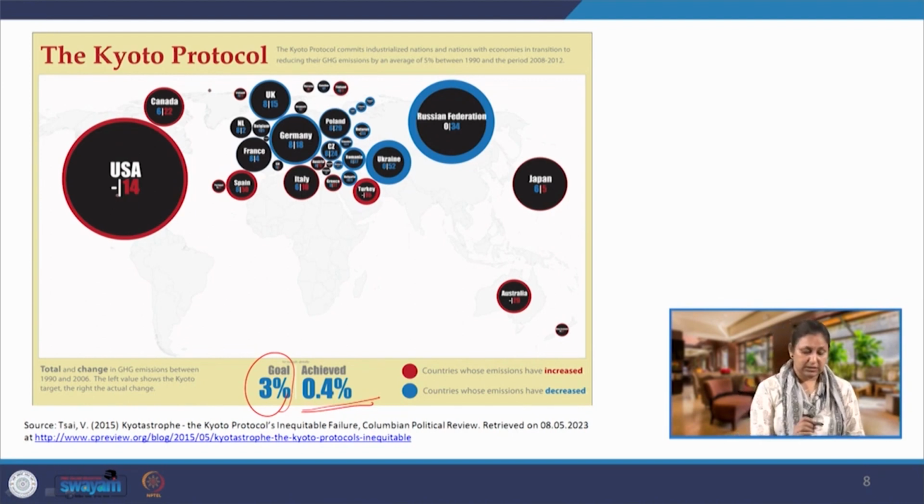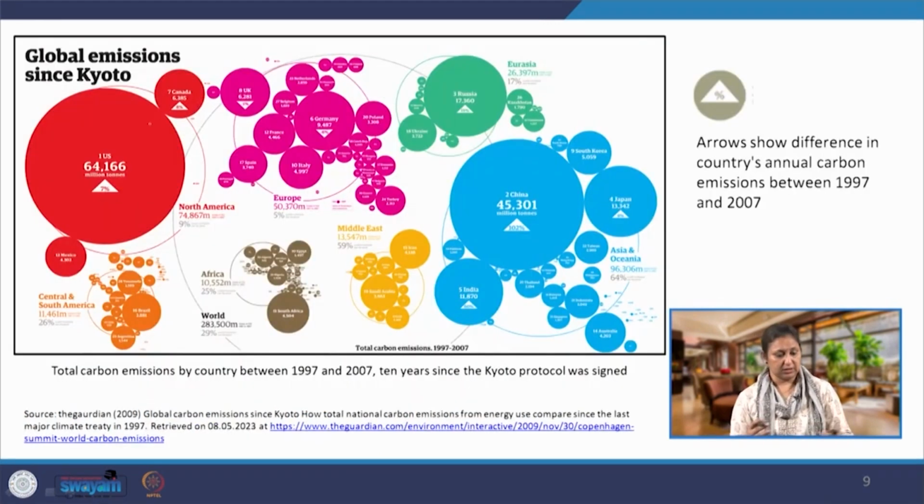So, this is showing what the target was which was set and what has been achieved. The target for example was 14%, but none has been achieved. For example, in case of Canada, 22% reduction was the target which was set, and only 6% reduction has been achieved. Some countries have done really well and some others have not done as well, but overall we are far from achieving the target.